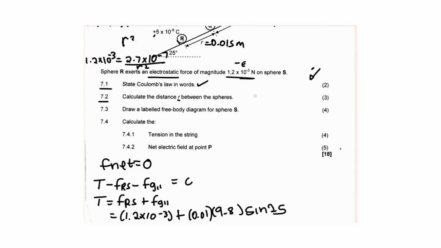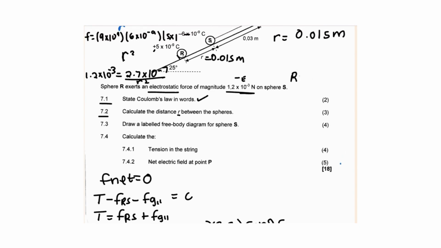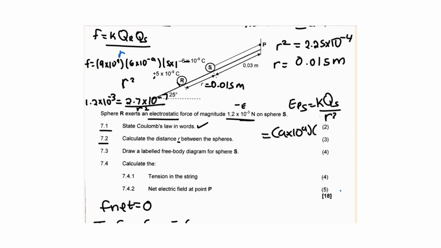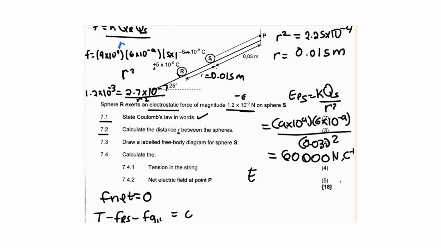So I'm going to start with the electric field on P due to S. So that's going to be k Qs over r squared, and that's 9 times 10 to the power of 9, the charge for S would be 6 times 10 to the power negative 9, and then r is going to be just 0.03 squared, and that gives me 60,000 newtons per coulomb.